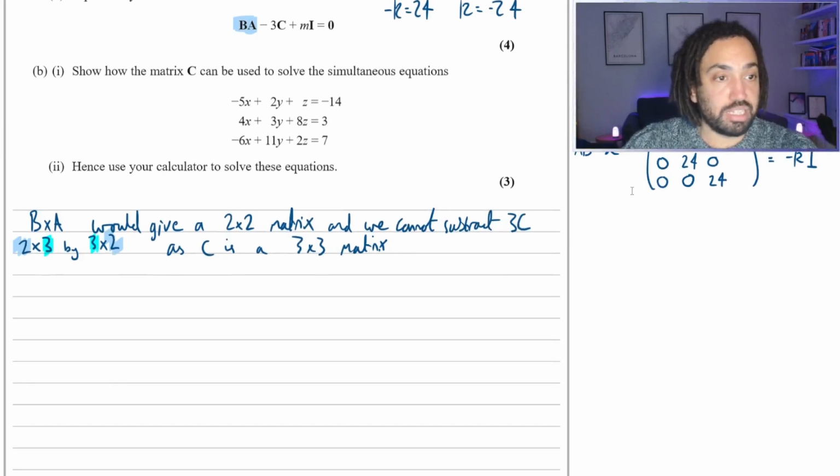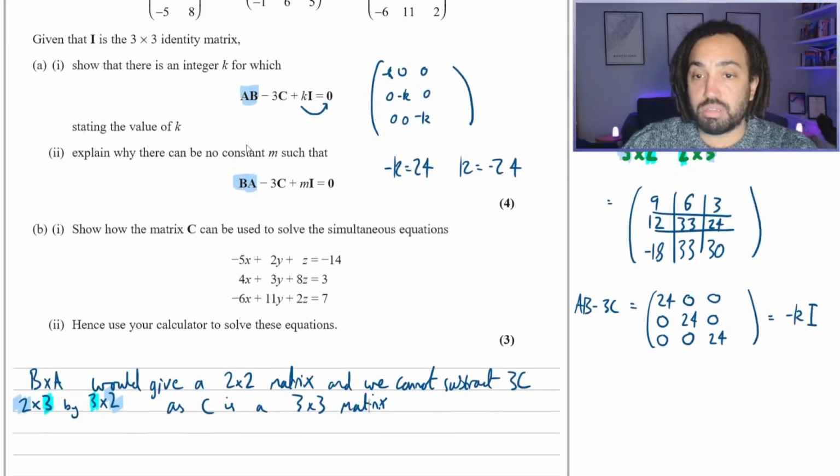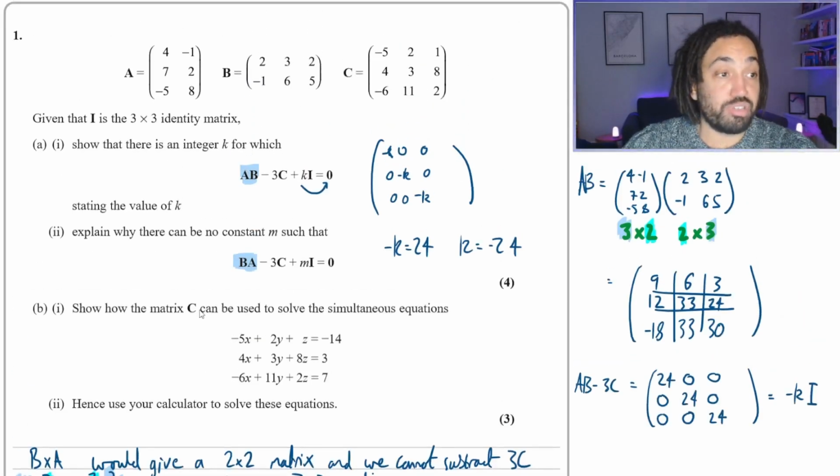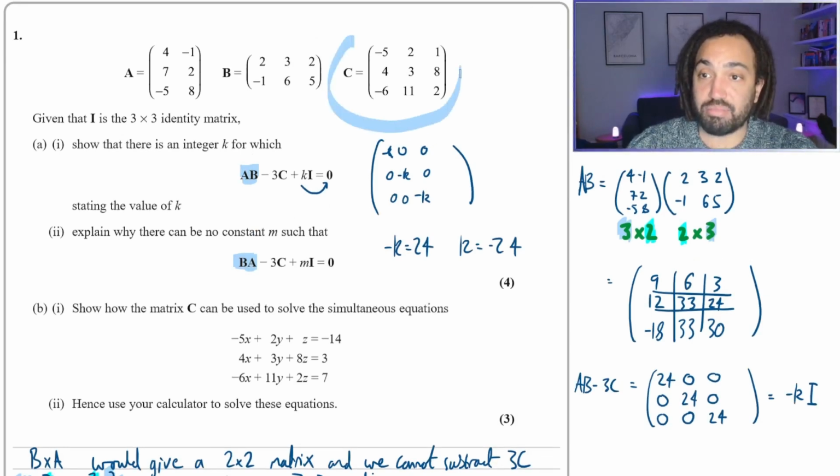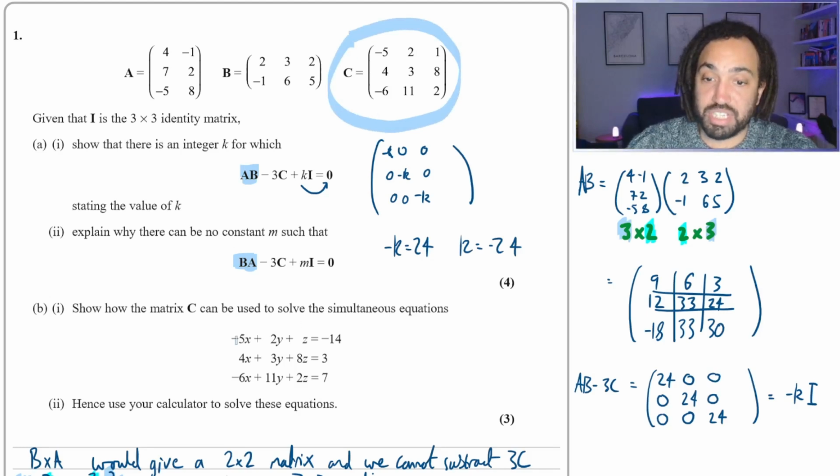Great. Next up, show how this matrix can be used to solve the simultaneous equation. Well, that's the matrix C, sorry. The matrix C happens to have the same coefficients as this simultaneous equation, as you can see here.